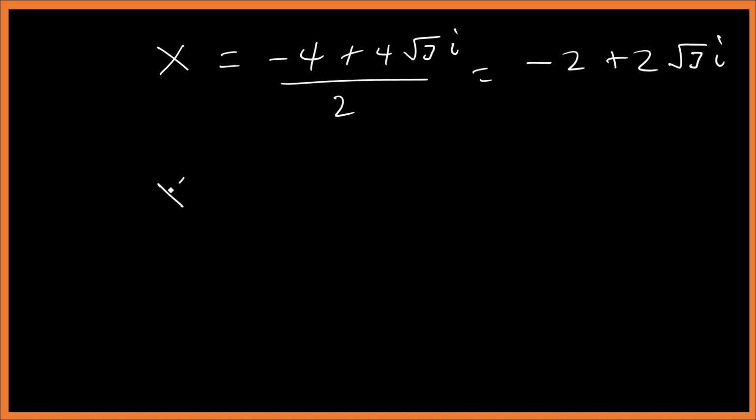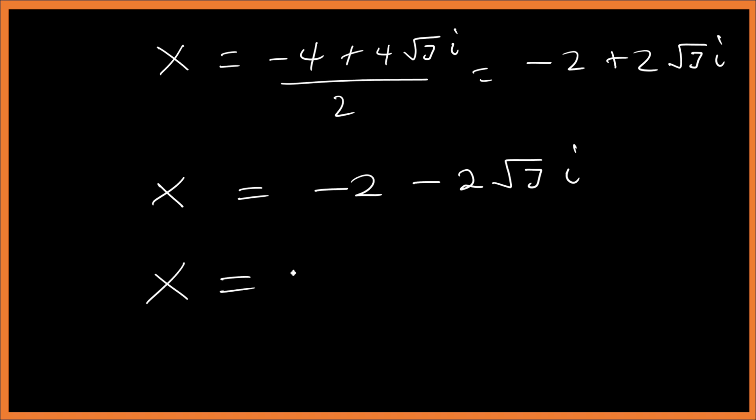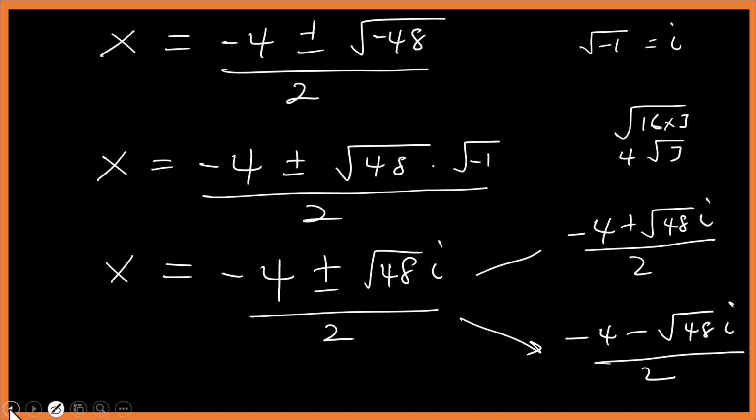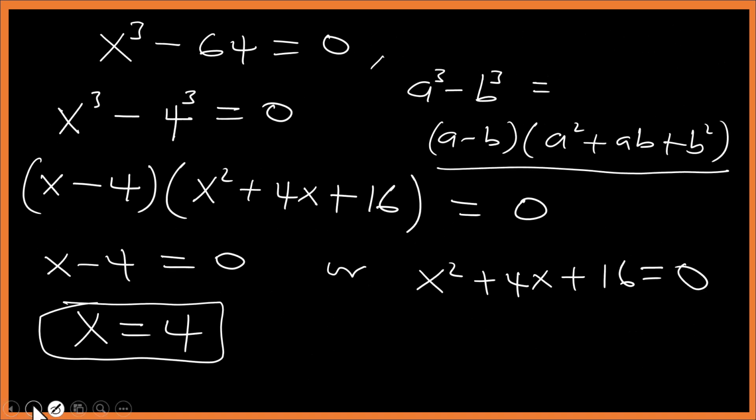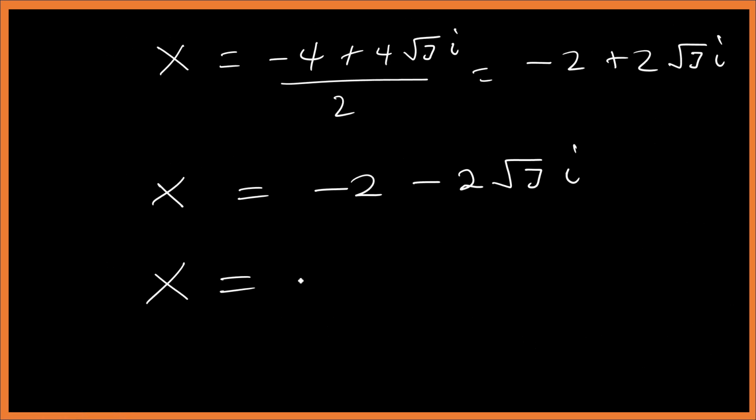And the other one will be x equals minus 2 minus 2 square root of 3 i. And the third one is x equals 4. So we have two complex solutions here, and the only real solution is x equals 4.